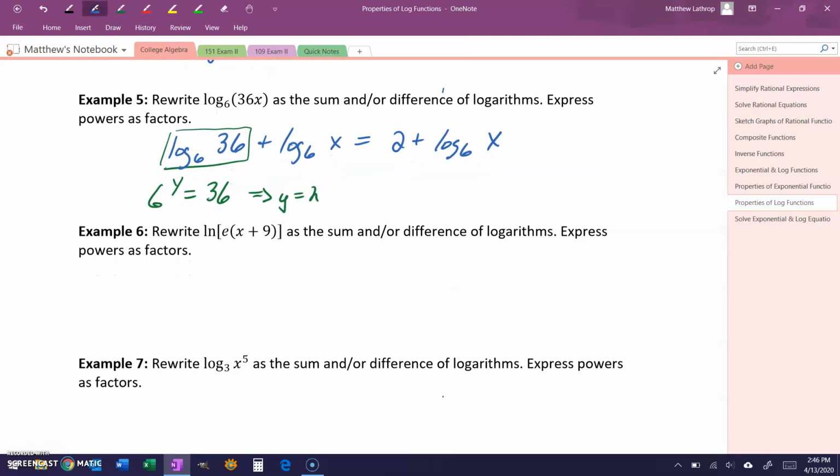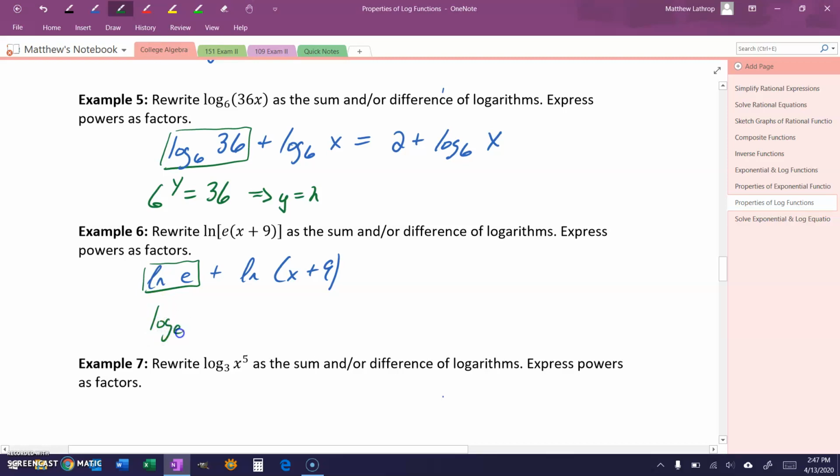In example 6, we want to rewrite the natural log of e times x plus 9. Again, we have the product of two different factors, so this would become the natural log of e plus the natural log of x plus 9. We can look at evaluating the natural log of e, just like we evaluated the log base 6 of 36.